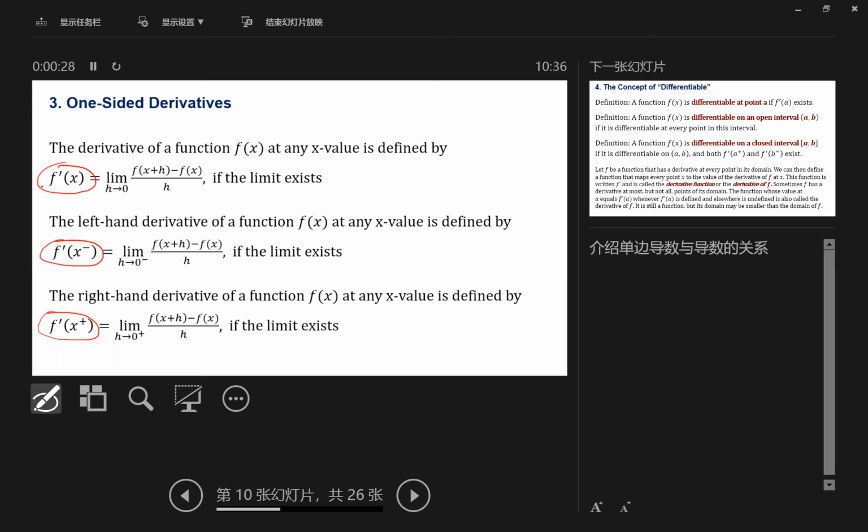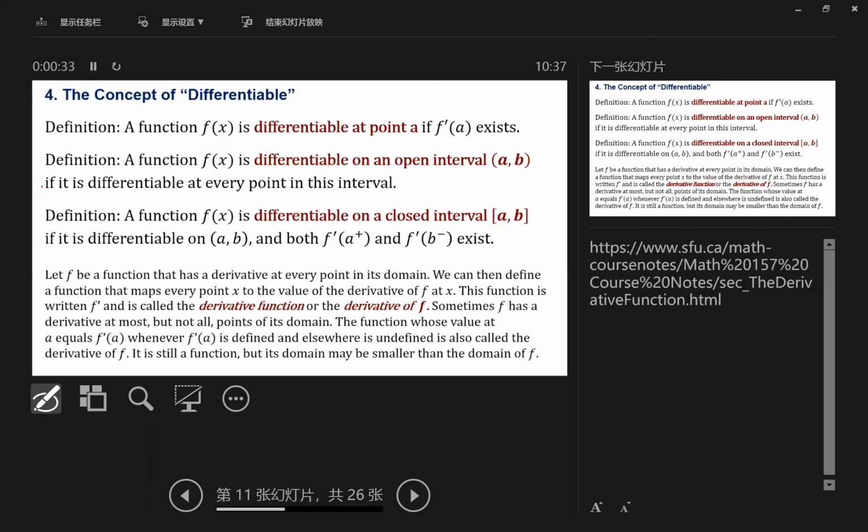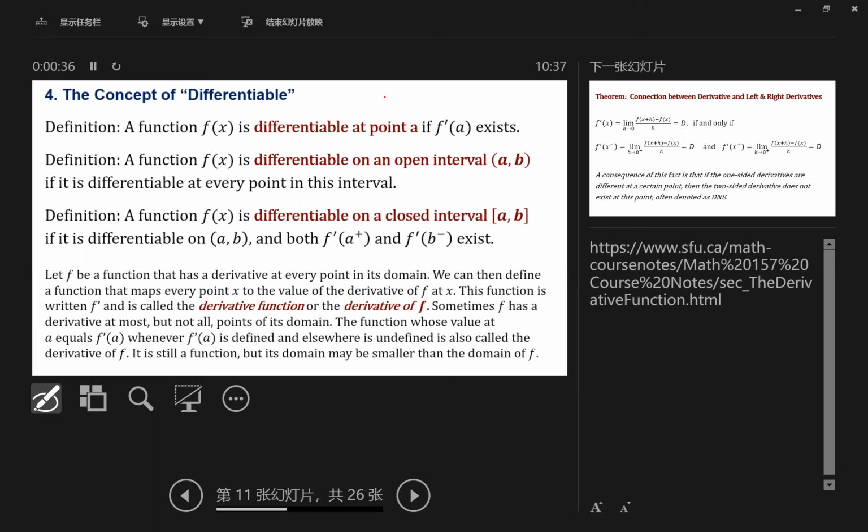Okay. The reason we introduce the one-sided derivative is to introduce the concept of differentiability on an interval. So let's have a look at the concept of differentiable or differentiability. First, a function f(x) is differentiable at a point a if the derivative of this function at point a exists.